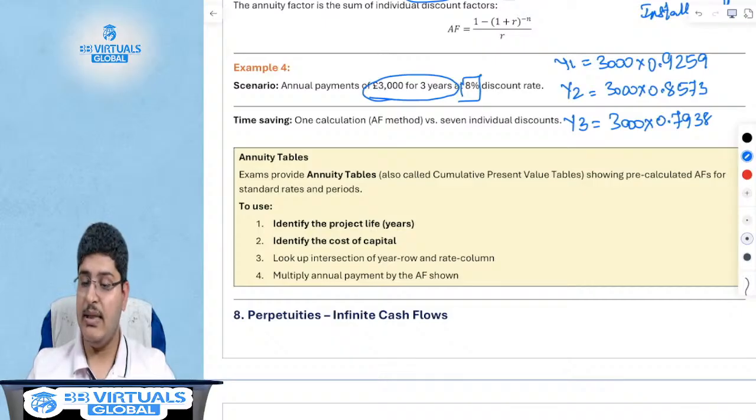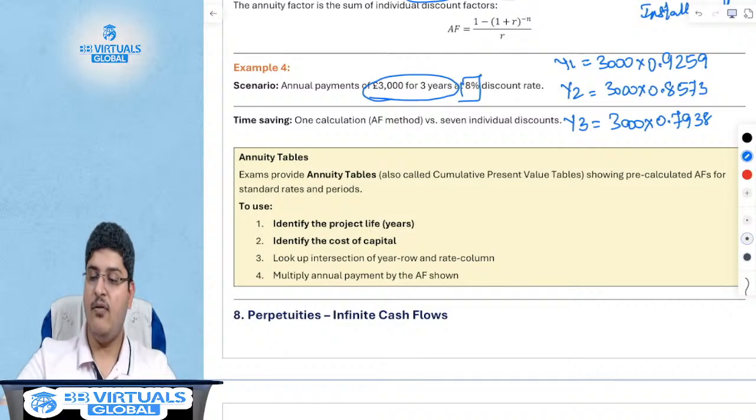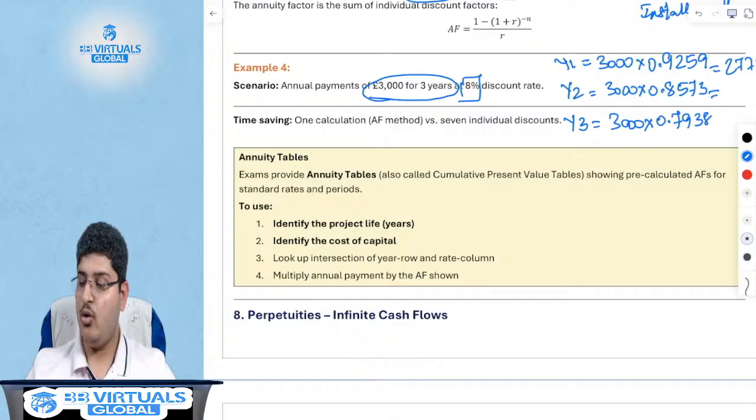Let us multiply these one by one. 0.9259 into 3,000 will give you 2777 rupees. 3,000 into 0.8573 will give you 2572.